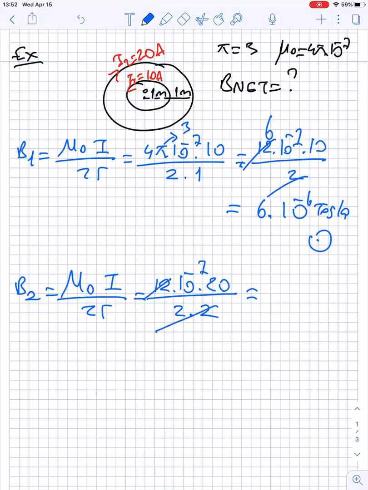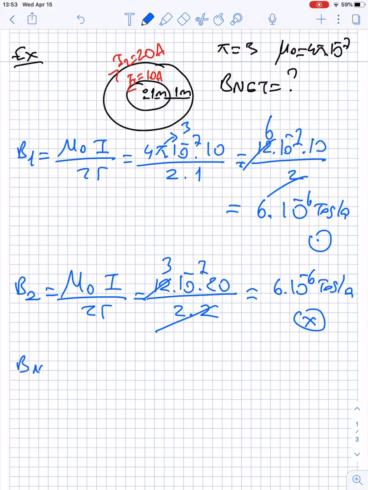Continue. 12 and 4, just 3 stays, and my result is 6 times 10 to the minus 6 Tesla. My fingertips showed the direction of the second current, but my thumb showed into the page. Into the page, the direction is like this.